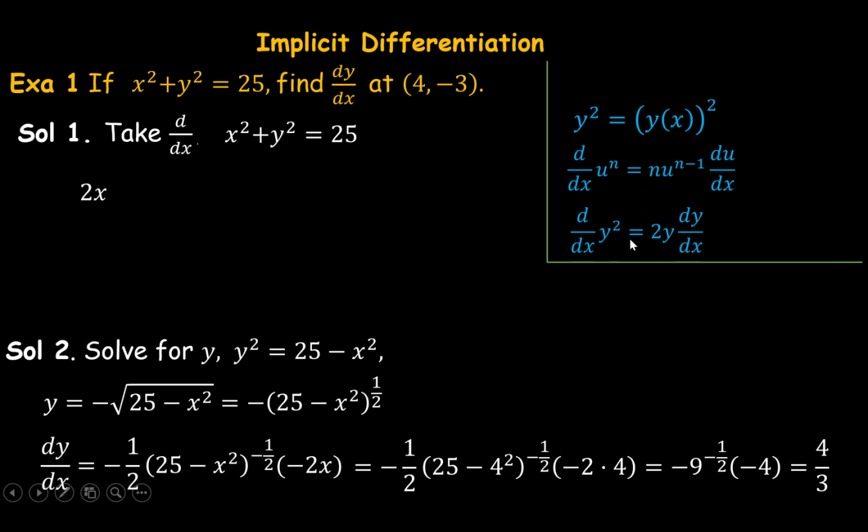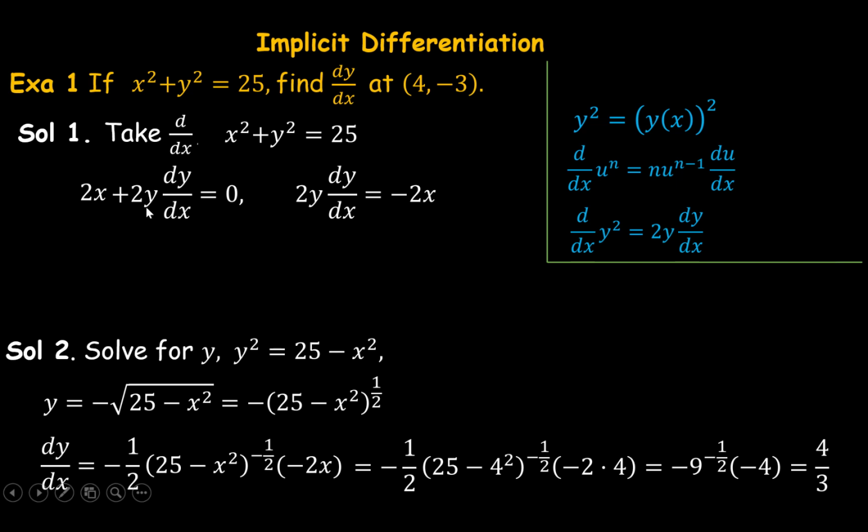Therefore, the derivative of y squared becomes, okay, first you apply the usual power rule, which gives you 2y, and then you have to multiply by the derivative of y, okay? So that is the derivative of y squared. Therefore, you're going to have 2y dy/dx, and then the derivative of 25 is just 0, okay? Now, you want to solve for dy/dx.